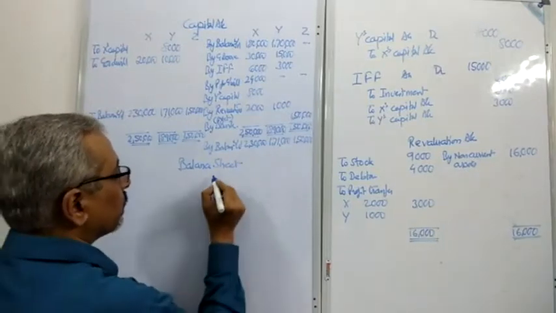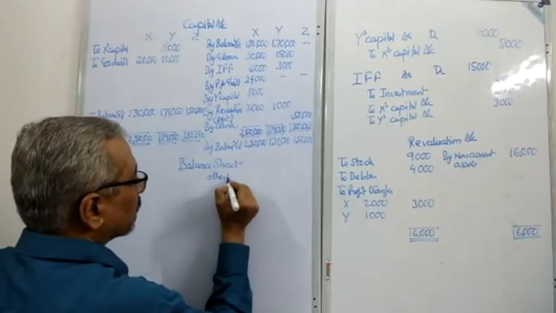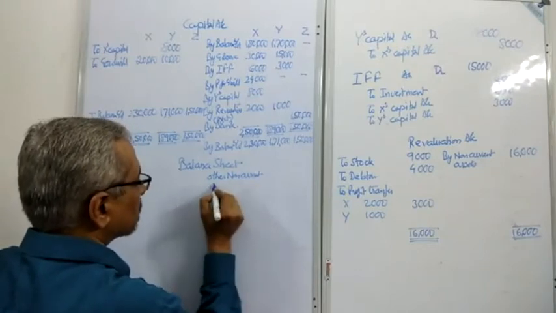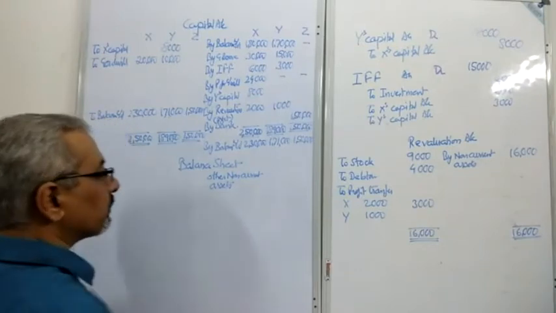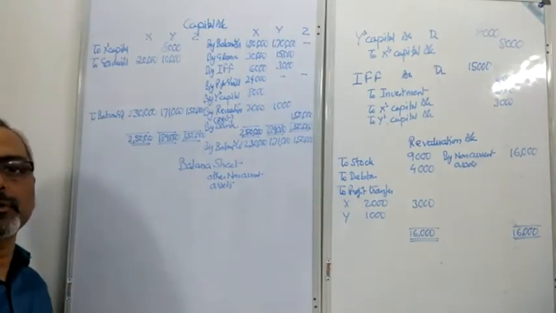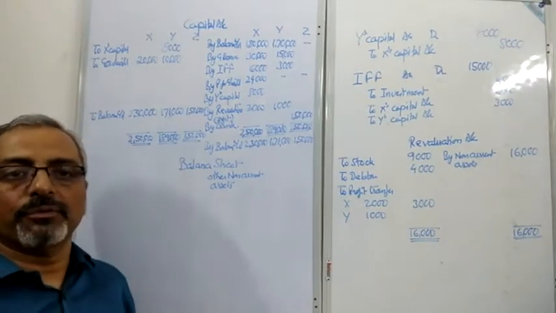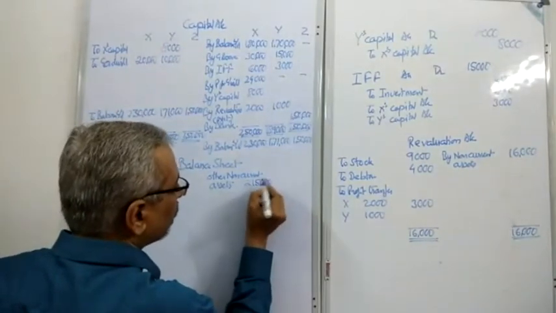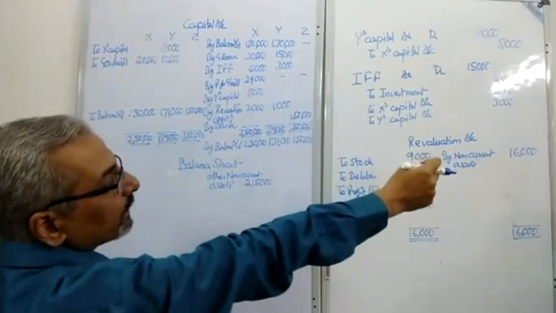And we start with other non-current assets. And what was the value of other non-current assets? If you remember, it was 2,15,000. And what has happened to this? It has increased by 16,000.